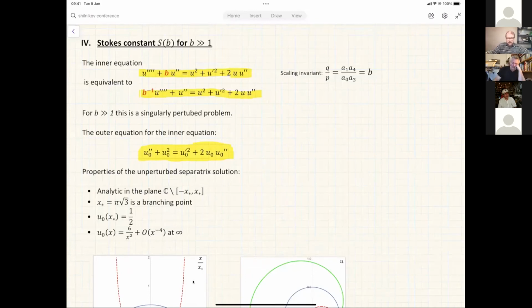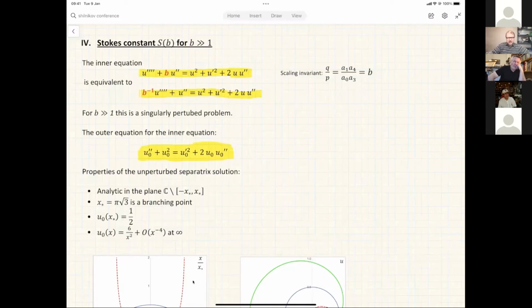The point is to study what are the singularities of a separatrix solution, and the position and the types of the singularities dictate what happens for large b in the full inner equation. And here we come to something which is somewhat unusual to this theory.